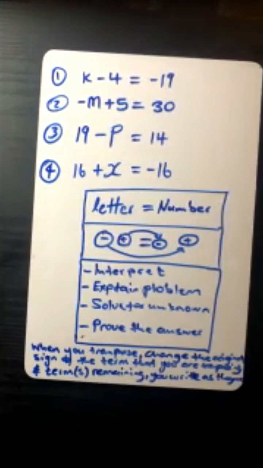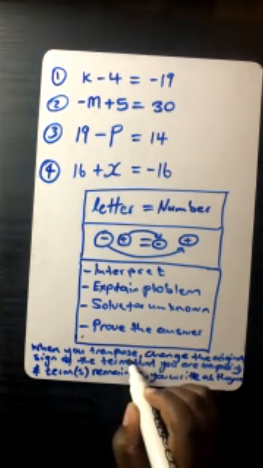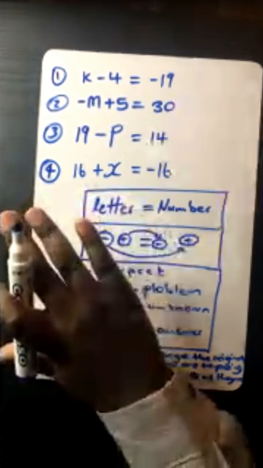Did you write it down, or should I call it out for you? Yes, I'm writing it down. Okay, so guys, I'm saying when you transpose, change the original sign of the term, also in brackets here, because sometimes it's not at all times where you'll be transposing just one term. You might find that you've got more numbers on the left which you need to transpose.